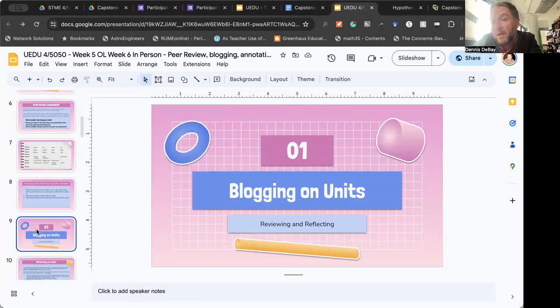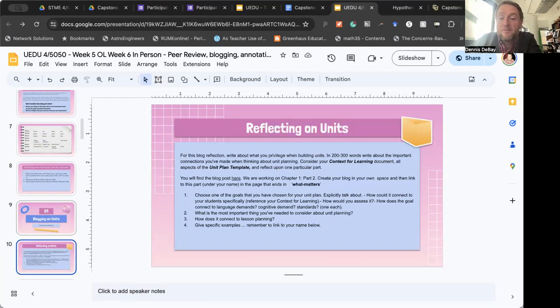You all have had a chance to play with Ghost a little bit this week or last week. So now we're going to build our own blog. What I'm going to ask you to do is reflect on the things that you find interesting about your unit plan. What is it that you privilege when you build units and lessons?